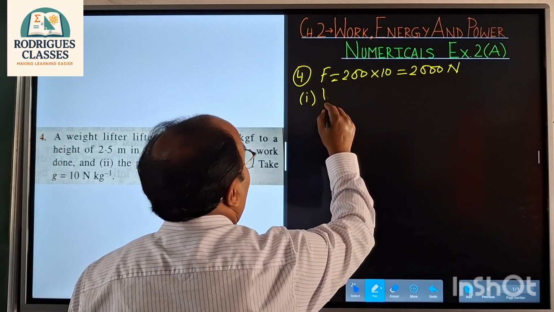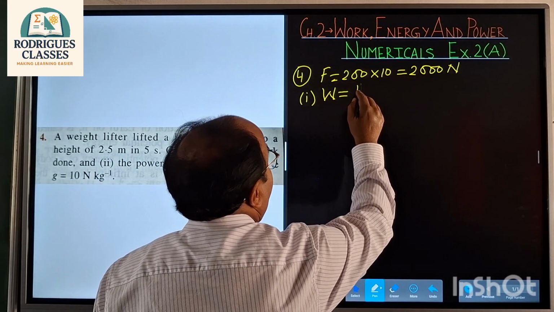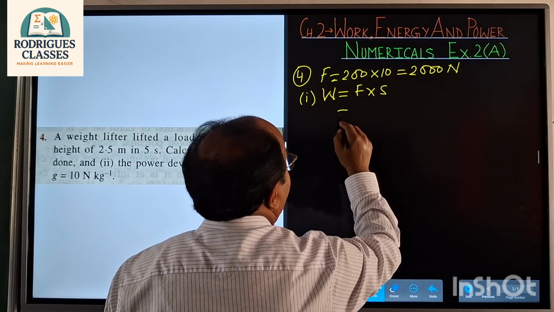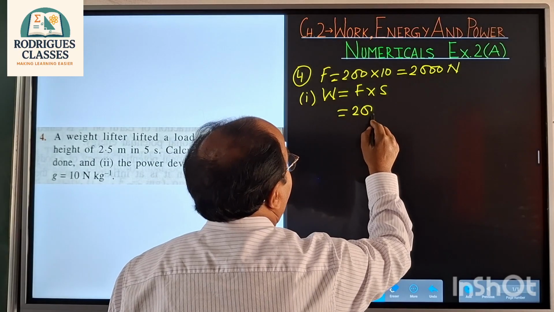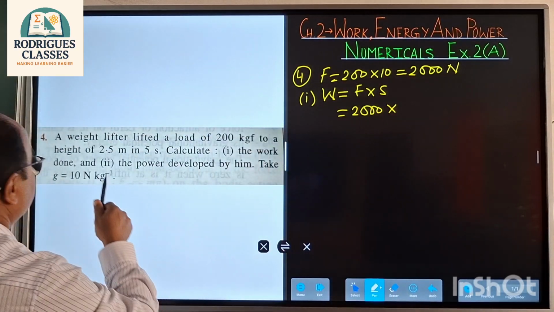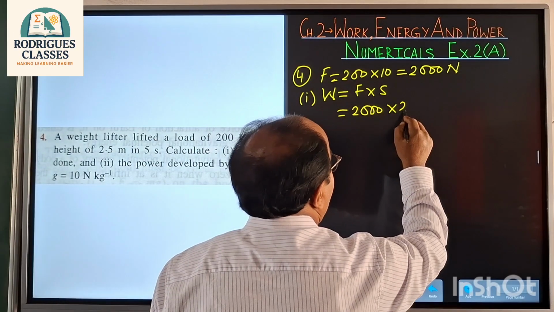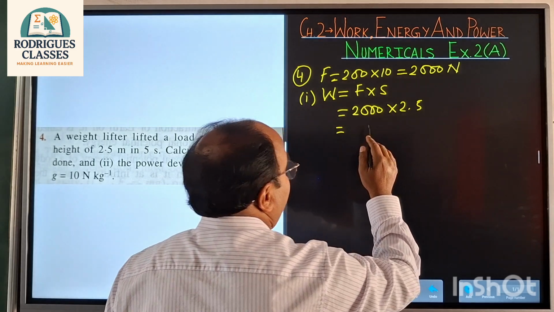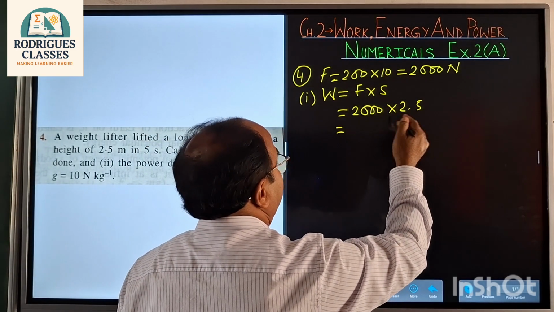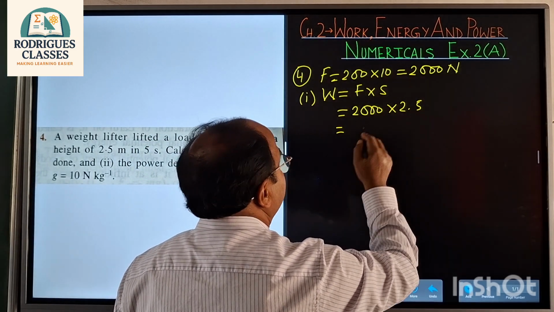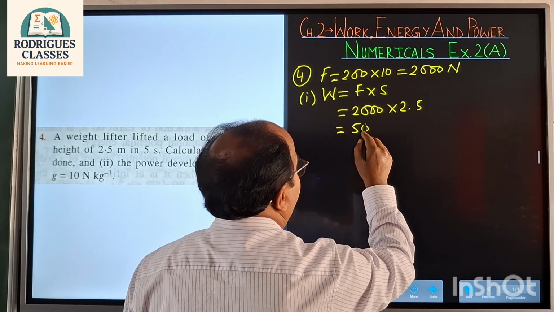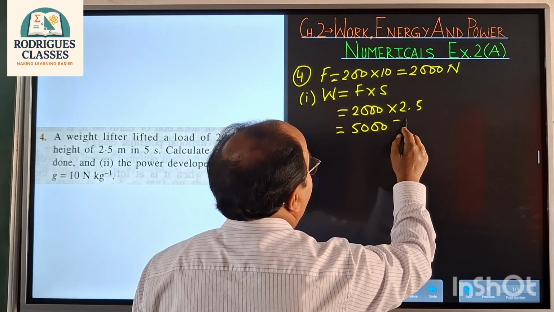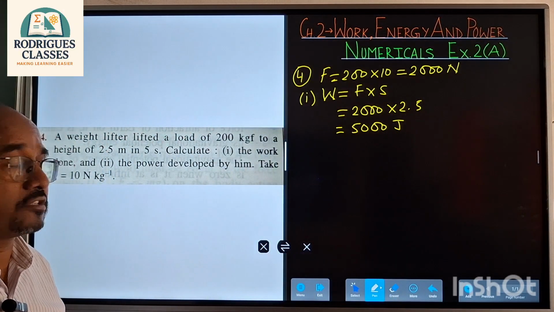Okay, now I can go to calculate the first one. We have to find the work done. So W equals F into S. So this is 2000 and the displacement is 2.5 meter, which is in SI unit. So if I multiply, the decimal will get removed with 1 zero, so 25 twos is 50, and then 2 zeros left, this much joule. This finishes the work done.